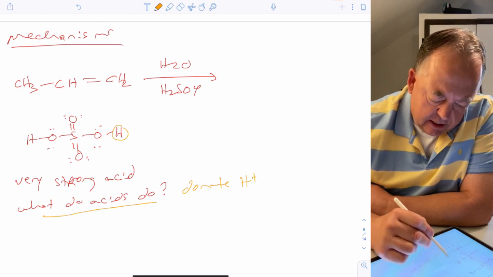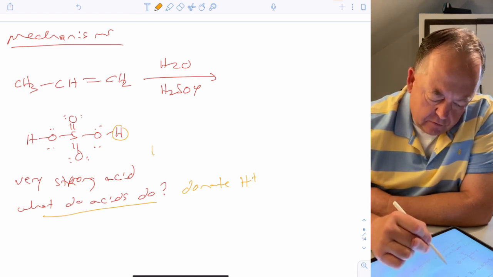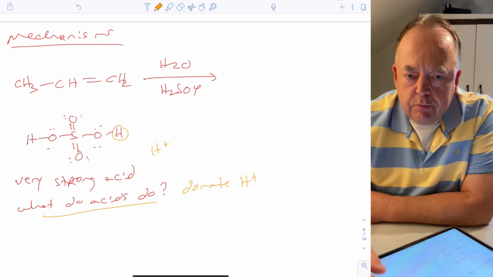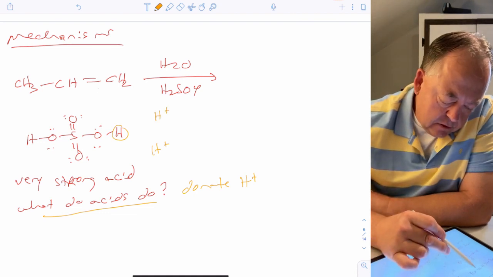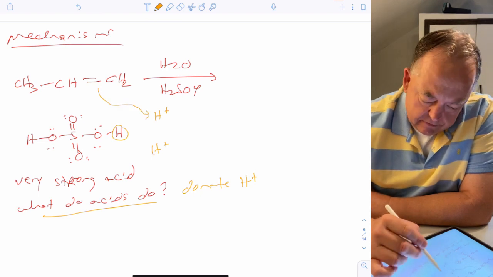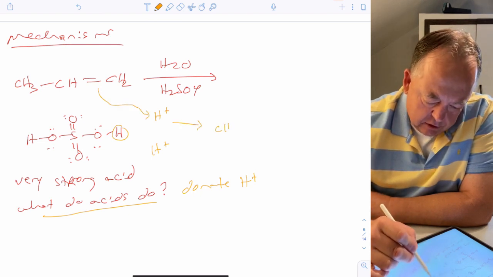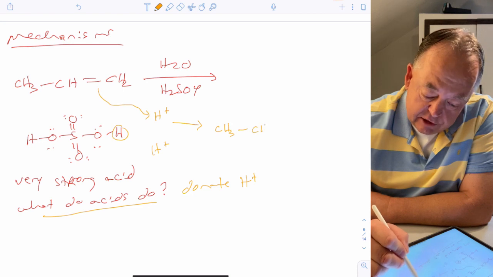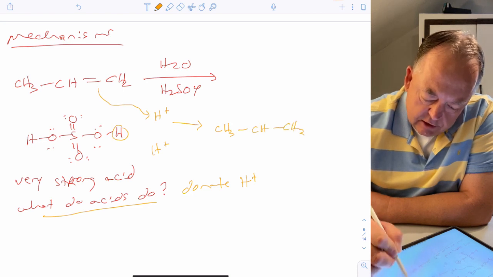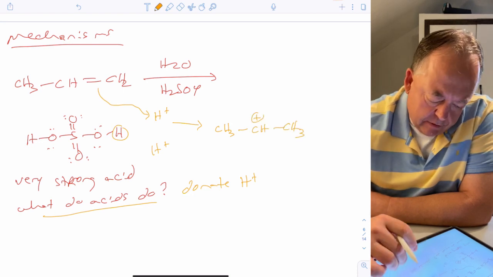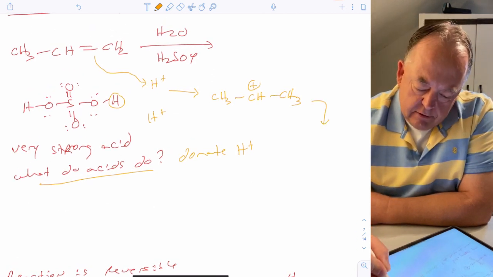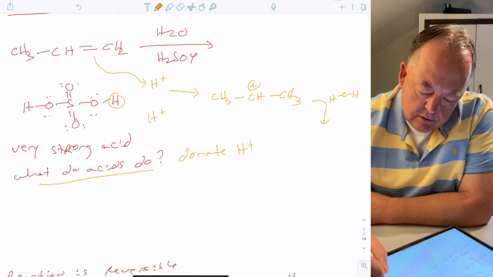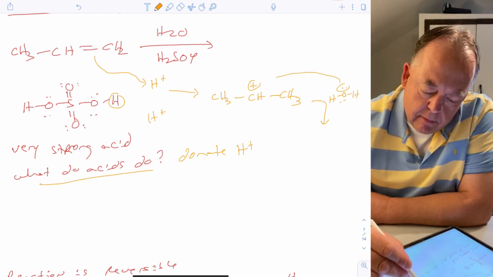So sometimes organic chemists, when they see H2SO4, they just pretend like it's H plus. So if you add H plus to this alkene, hydrogen adds to the carbon with the most number of hydrogens. So that would become a CH3, and that would become a carbocation. And then water attacks. So I'll take a lone pair on oxygen, make a bond to that carbon.